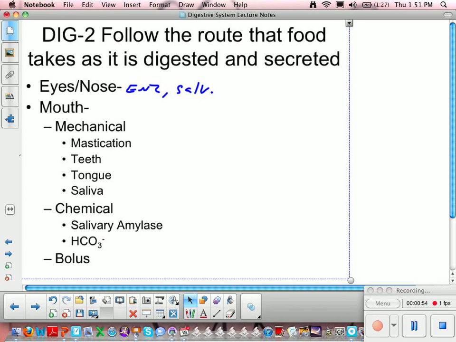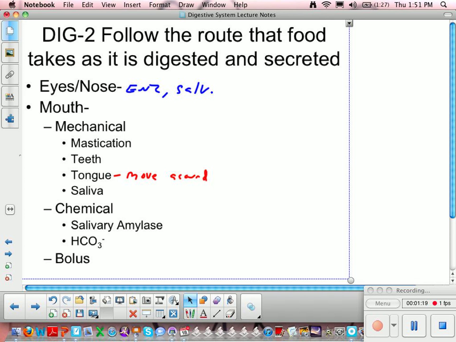The mouth is where we begin digestion because the mouth has the mechanical mastication, or the chewing, where the teeth are grinding up food into smaller particles. And the tongue's function is really to move the food around in our mouth.